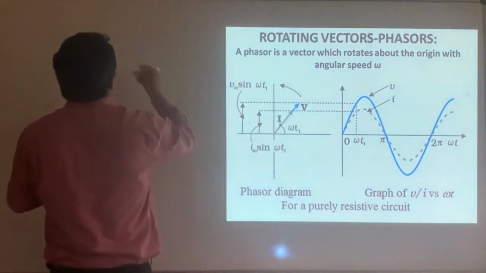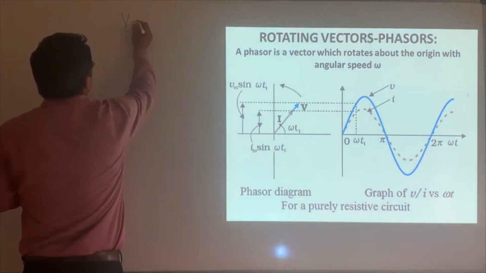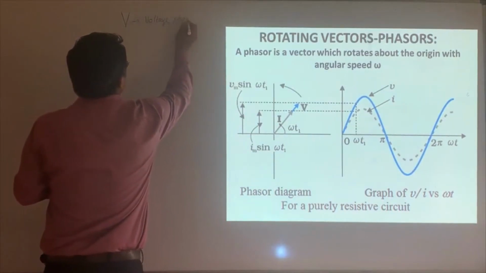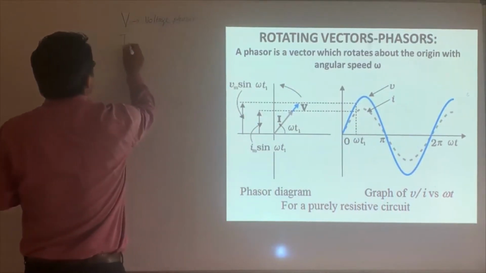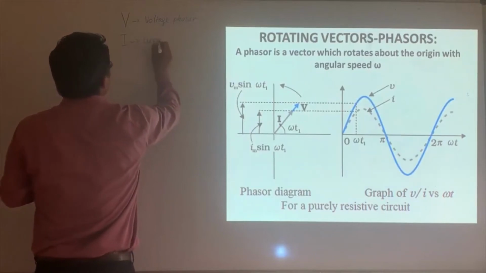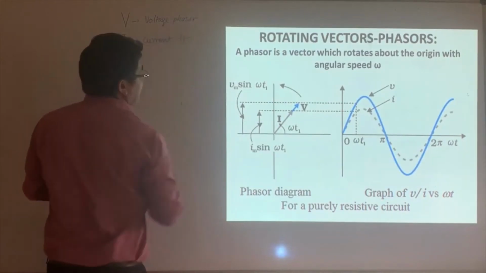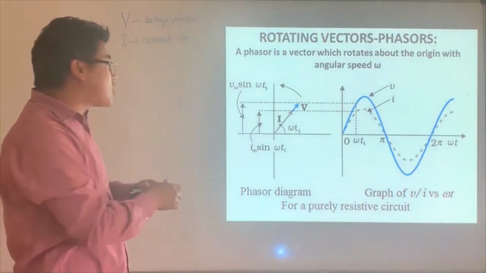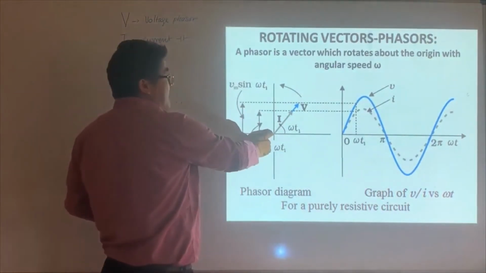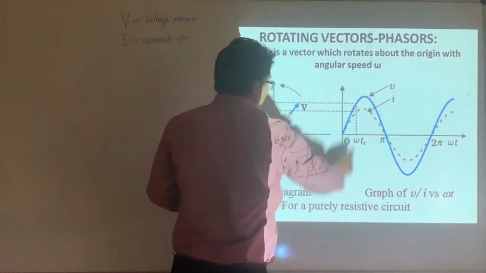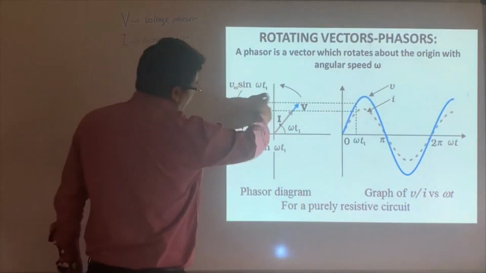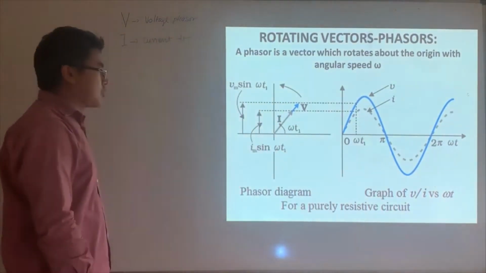So I say V is the voltage phasor and I is the current phasor. This is the vector which rotates about the origin with angular speed omega. This is very important. So this is how it rotates.